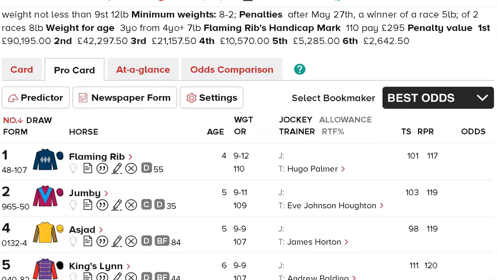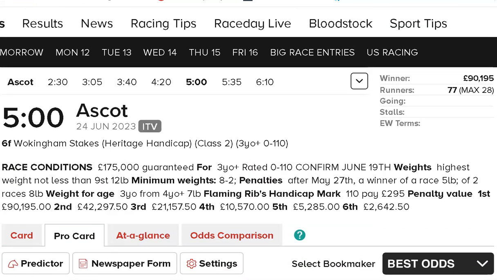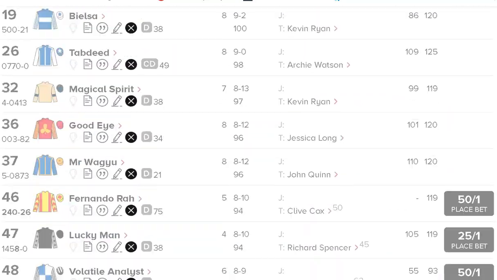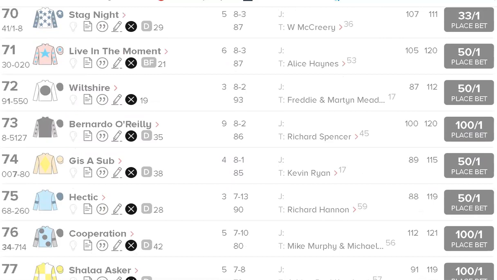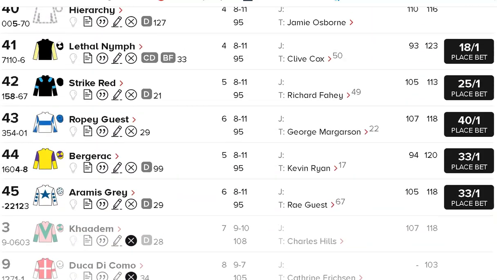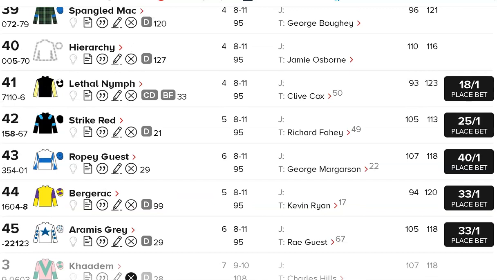So here we go. 30 are going to go to post, or 28 is the maximum field. And we've already got rid of all of these horses down here, they are not going to be under consideration for a bet. As I remind you, I've said for many years in this methodology, when I say they're not on the shortlist, that is those horses that are under consideration for a bet.